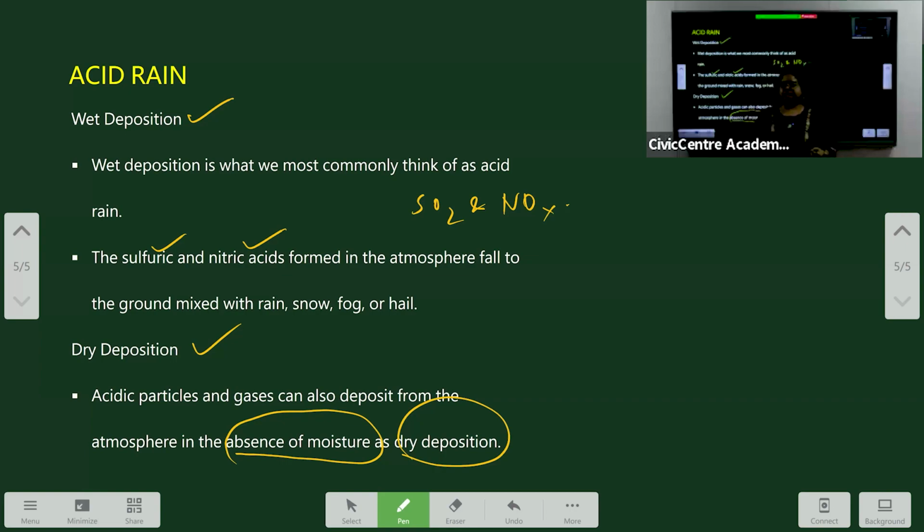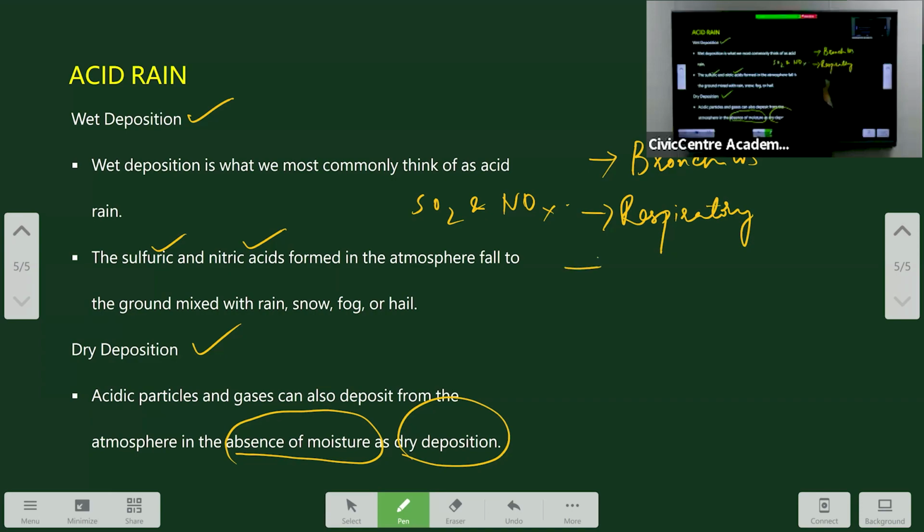And this acid rain also is very dangerous to human beings, and it causes major health issues like bronchitis and respiratory ailments, and also irritation of skin and eyes.